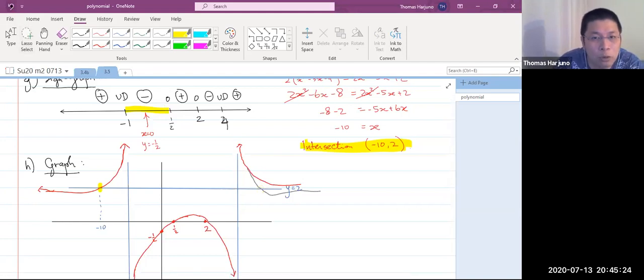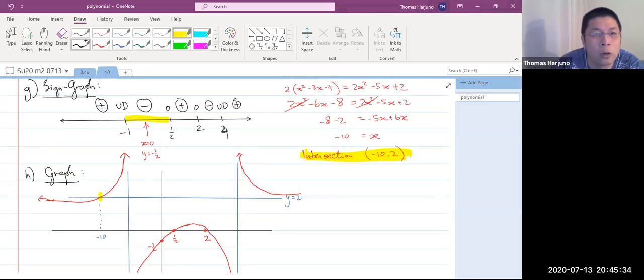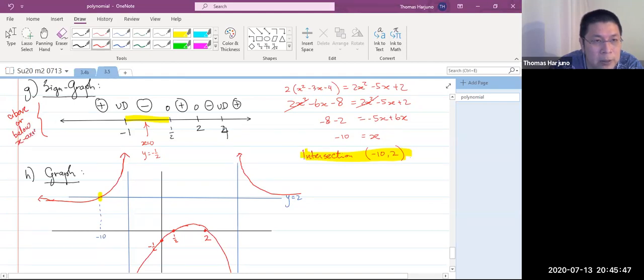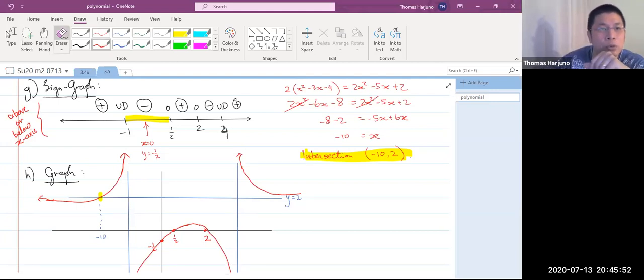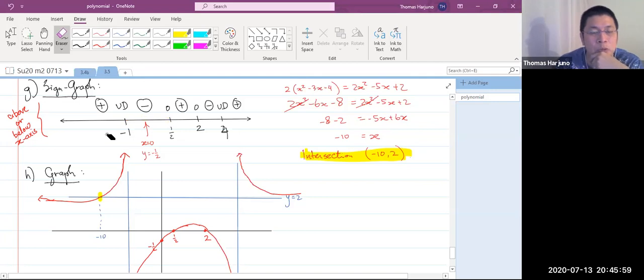In fact, if you want to refine, the sign graph we did up here in part G is the sign graph to help us tell above or below the x-axis. Okay, now with what we have right now, it's actually enough for us to see if it is above or below the x-axis, and get the graph.